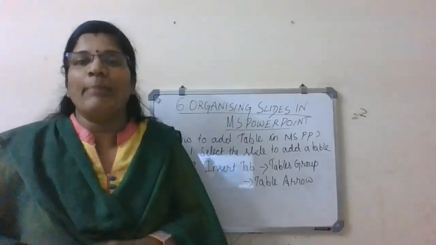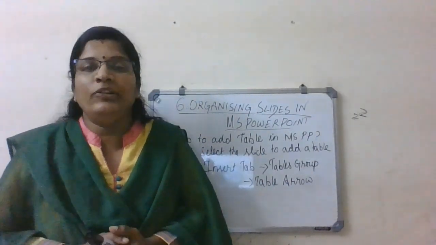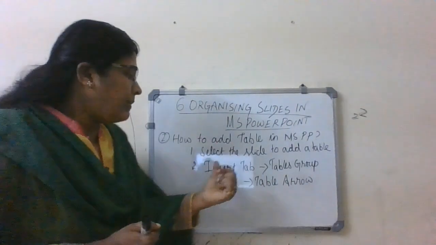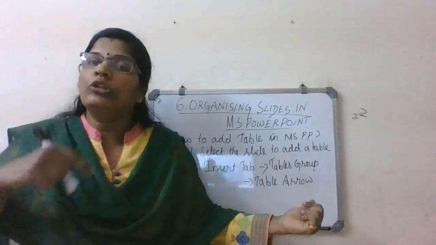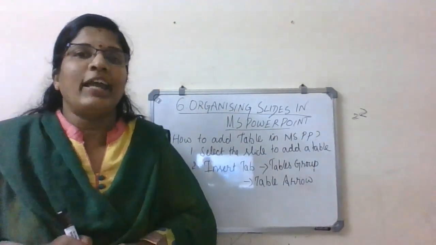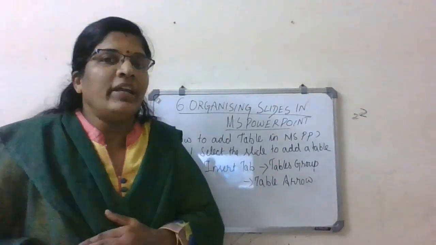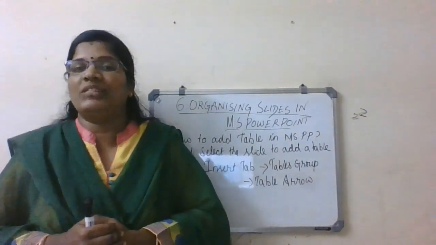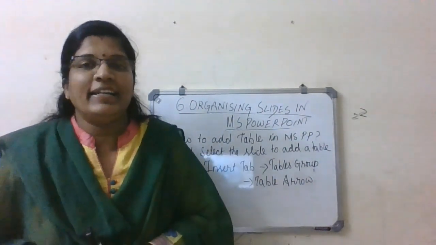You can select number of rows and columns from the grids. Otherwise, the second method, same tab, Insert tab, Tables group, Table arrow, then go to Insert Table option. Then another dialog box appears. There you have to enter number of rows and columns. Then click on OK button. A table will be created.